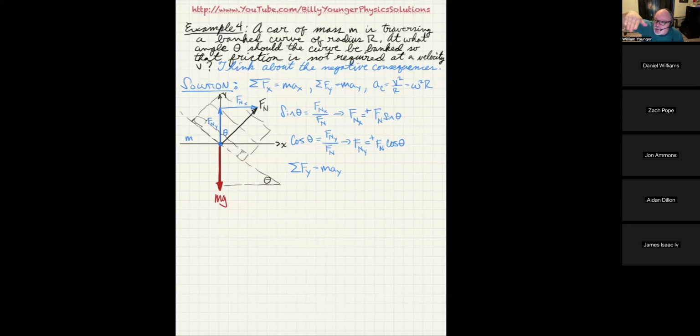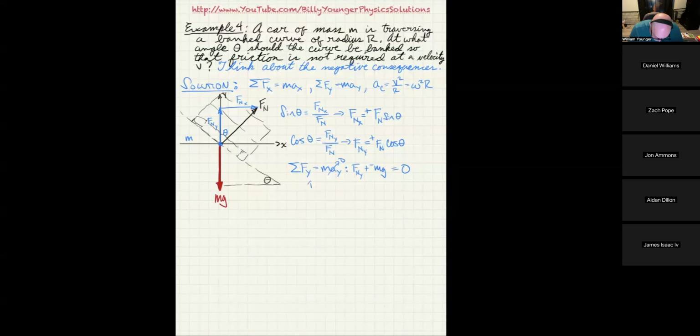So there should be no motion up and down, and therefore we can say the acceleration in the up and down direction should be zero. Now that we look at it, we can say, okay, well, that means Fn sub y, the y component of the normal force, plus negative mg has got to equal zero.